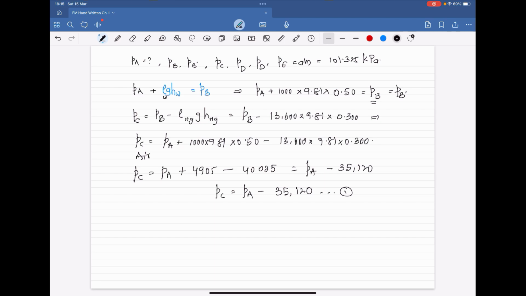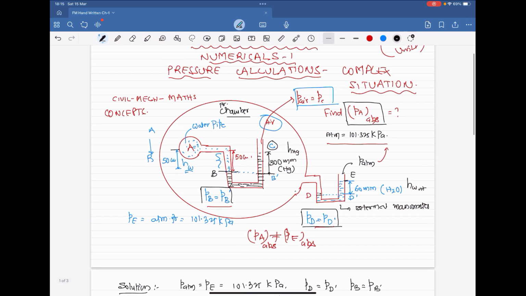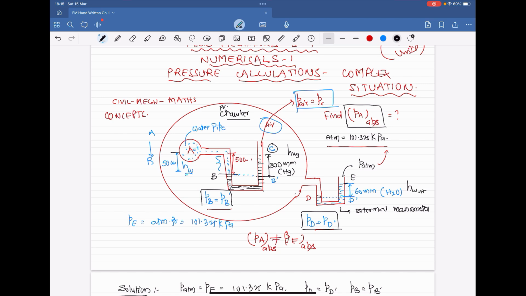Now please try to understand another concept here. The air is there inside the pressurized chamber. This air is up to what point? Point D in the U-tube manometer kept outside the chamber, exposed to atmosphere.